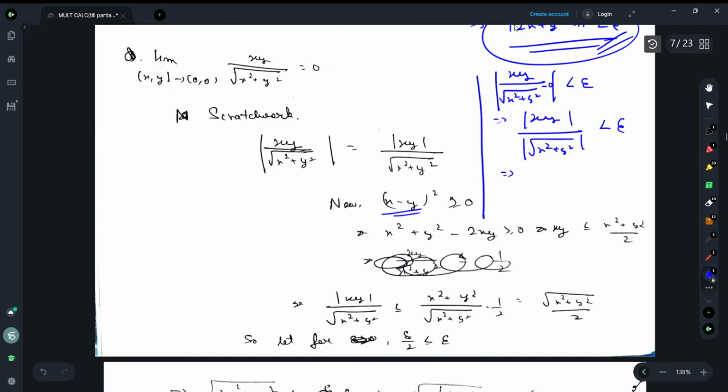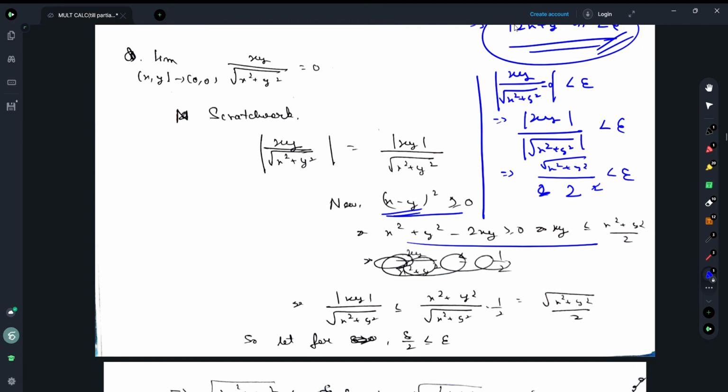Okay. So using this particular statement, we can say x square plus y square by 2 into root over of x square plus y square is less than epsilon. So this cancels out, right? And here you have root over of x square plus y square upon 2 is less than epsilon.